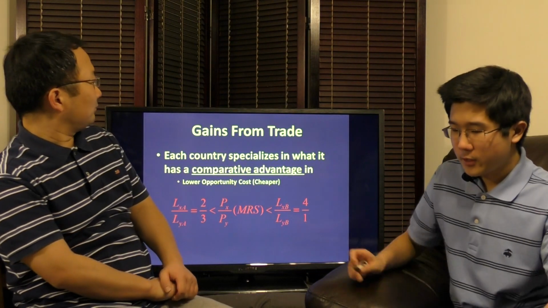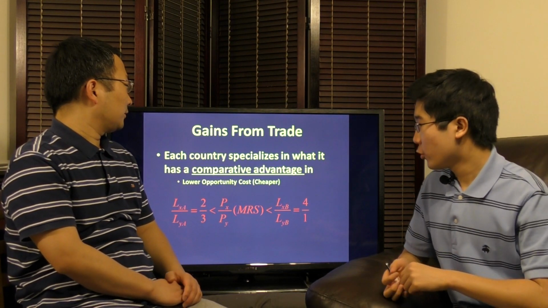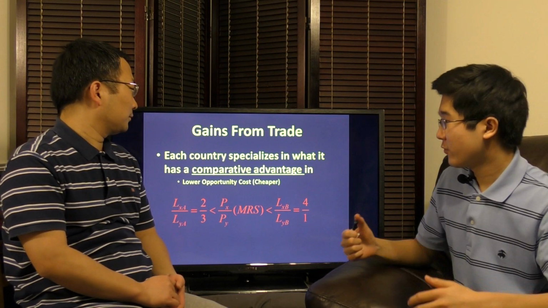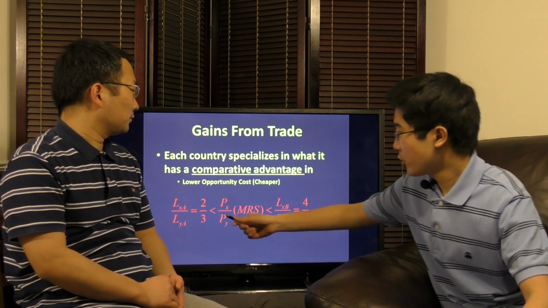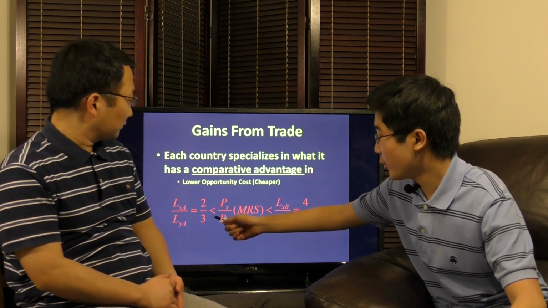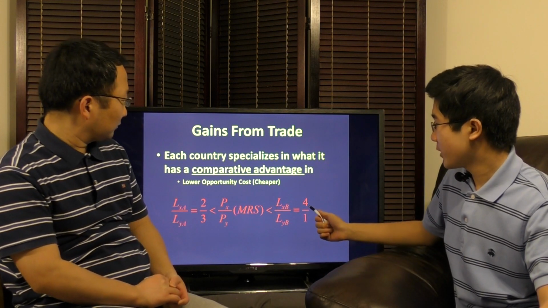So, gains from trade: how do these two countries trade? They have to trade in a combination of the goods they produce. Country A has good X being 3/2 units of good Y expensive, and country B has good X being 4 units of good Y expensive.